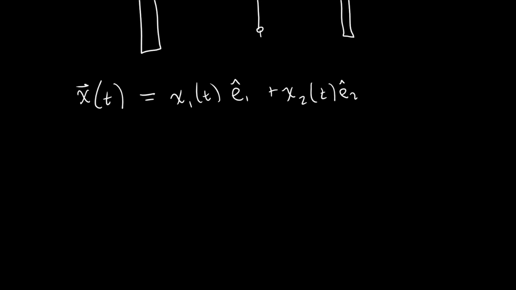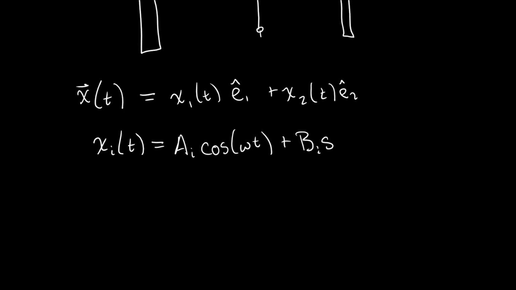And what we found is that both of these components of this vector I could write as a_i cosine omega t plus b_i sine omega t, where here i is equal to 1 or 2.